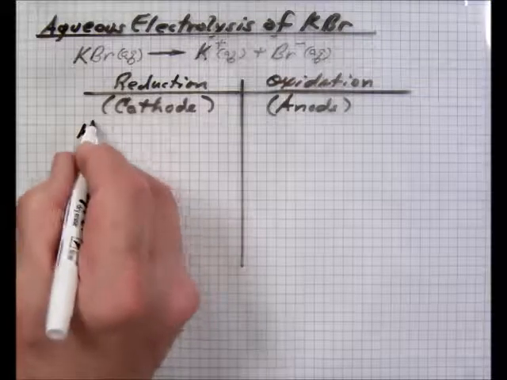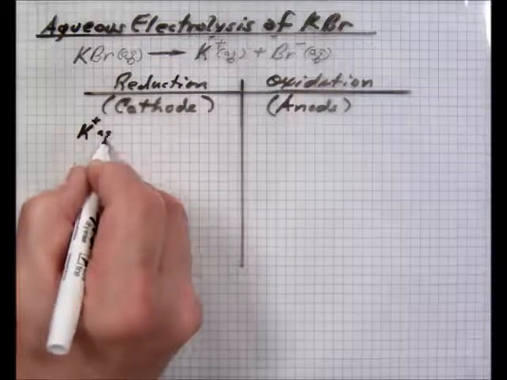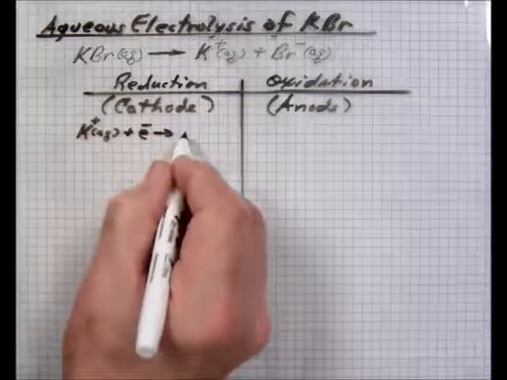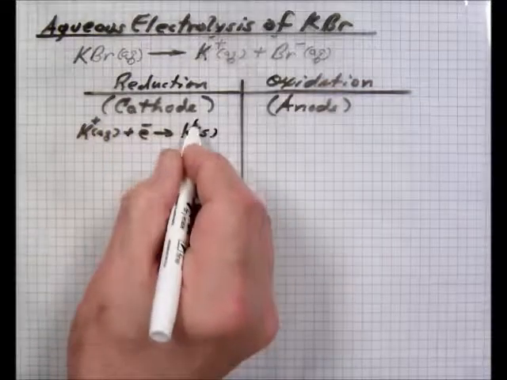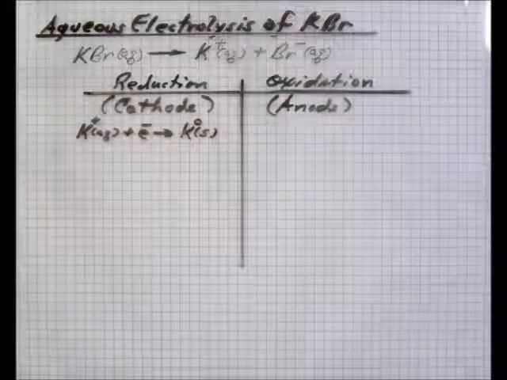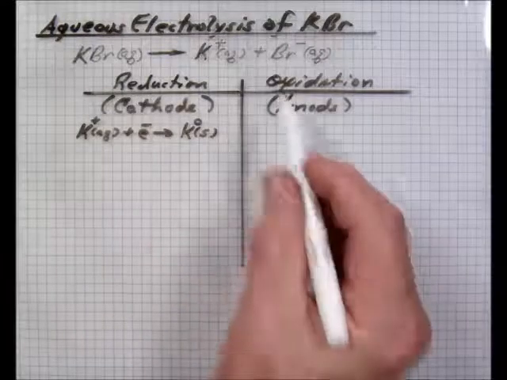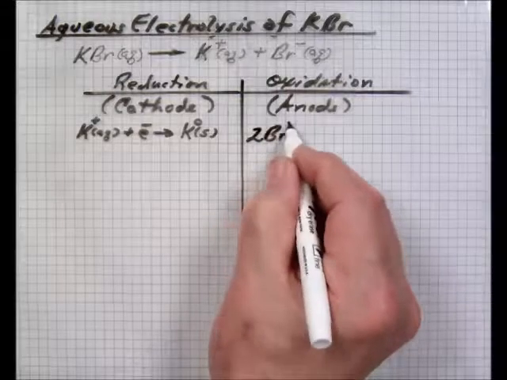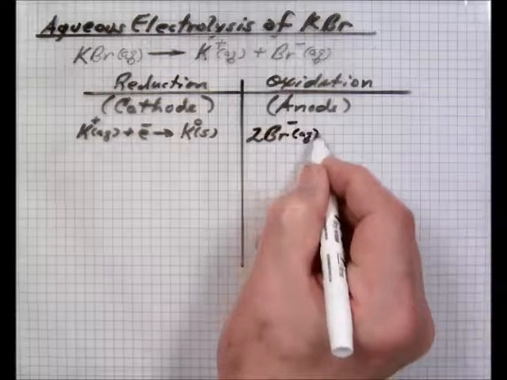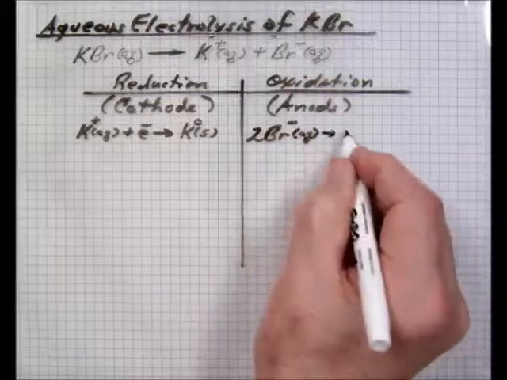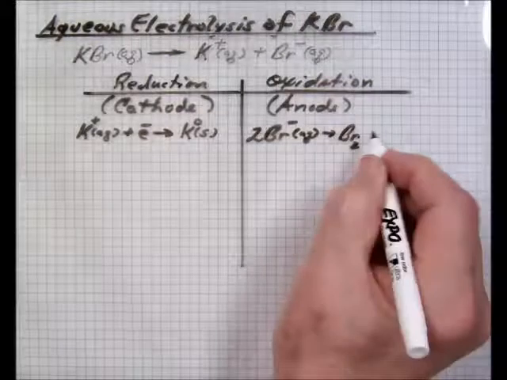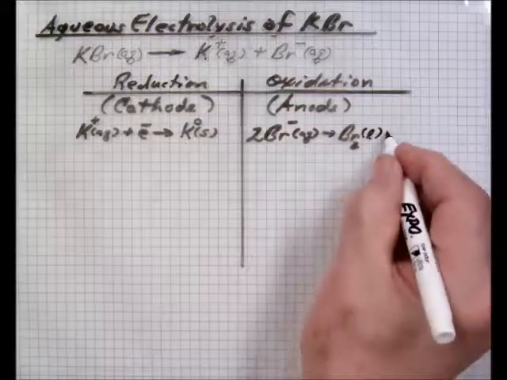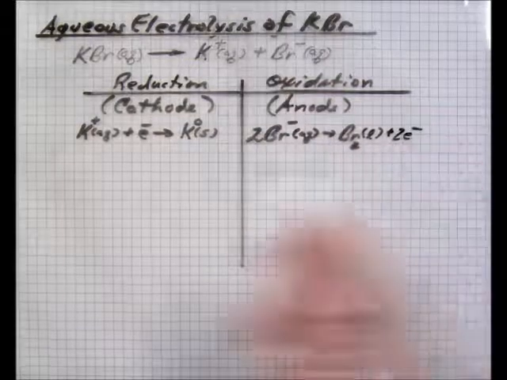Potassium ion, of course, will gain an electron and go to potassium, whose basic standard state would be a solid, and oxidation of bromide ions would go to bromine, and that would be liquid, its basic standard state, plus 2 electrons.